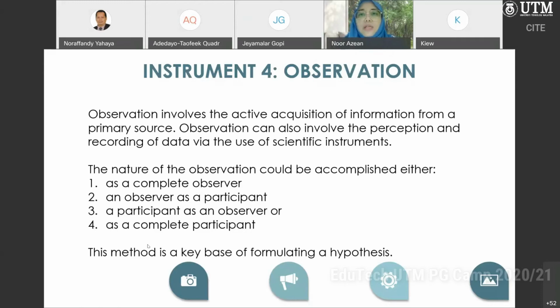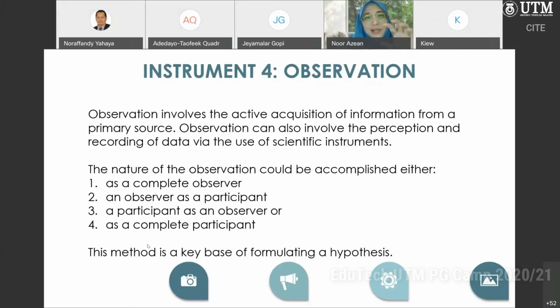Okay, so the nature of the observation could be accomplished such as we can have it as a complete observer, we just observe them, or we make an instrument but as an observer as participant. You observe, but you are a participant. Or number three, you make the instrument in the situation as a participant as observer.